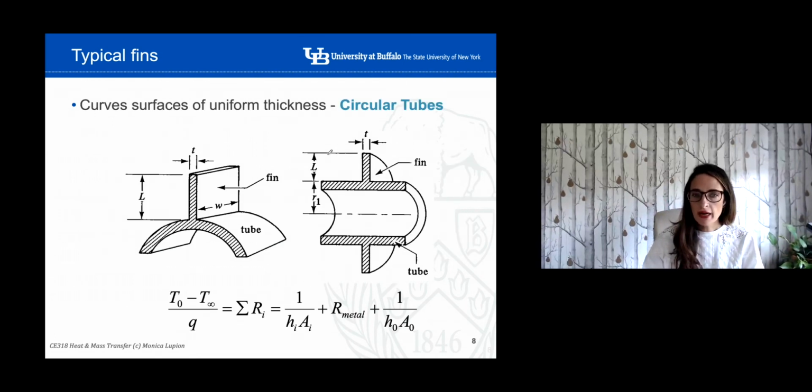If we have a pipeline, also very common, we can find either circular fins, like this case, or straight fins when the fin is installed over the length of the pipe. The approach that we're going to take in both cases is the same. Just the surfaces, of course, are different.